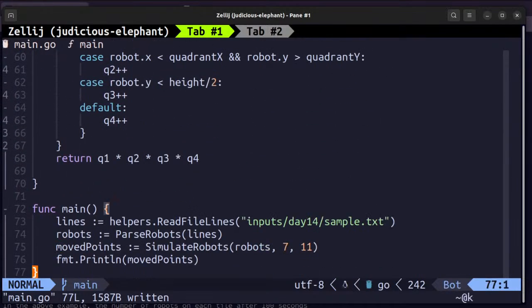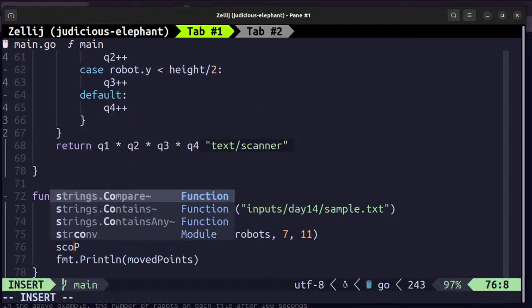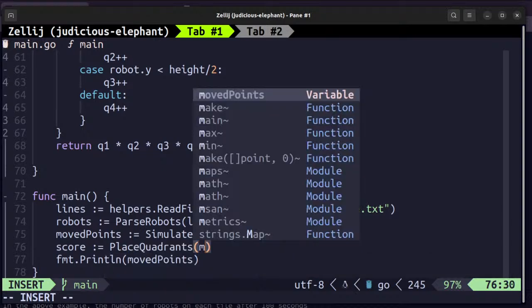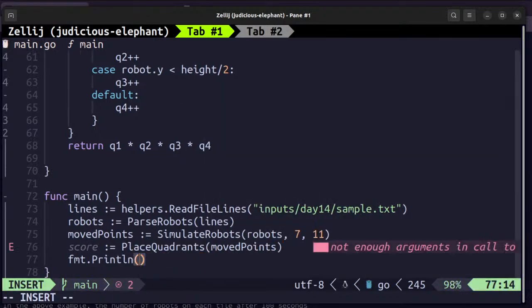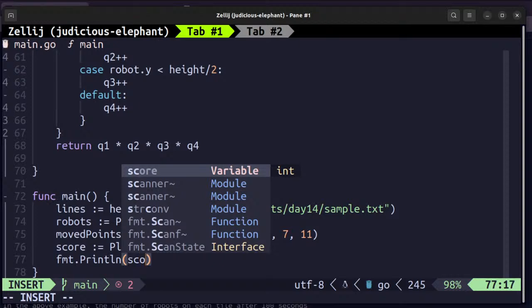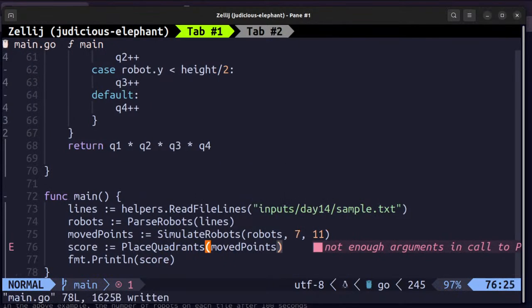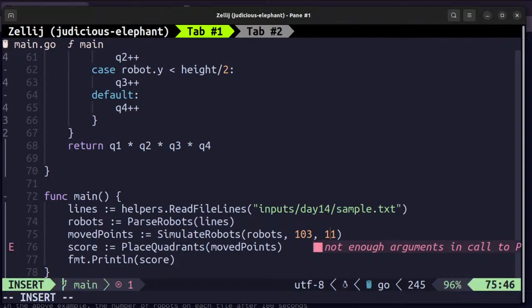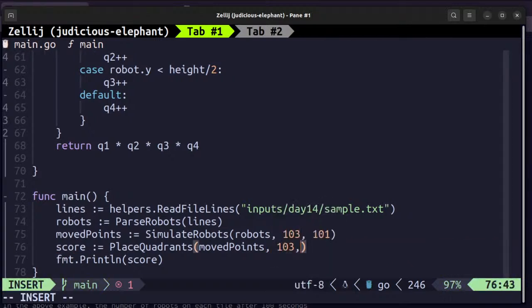And we need to place quadrants, no points. Let's print the code. Yes, sure. We first pass the width 101 and 103. I'll replace that in the constant in a minute.